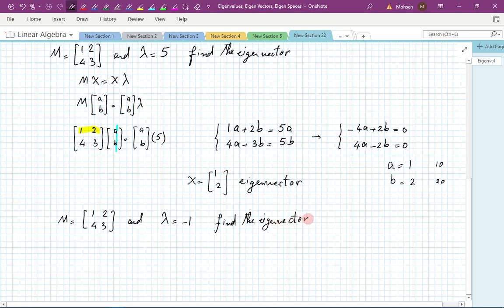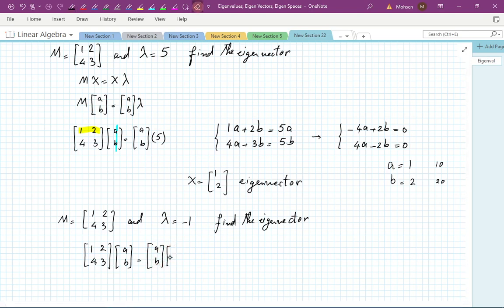So that's another practice. We haven't seen the numbers, so I try again, exactly the same as before. 1, 2, 4, 3 times my eigenvector, again I call it (a, b), and this is (a, b) times -1.